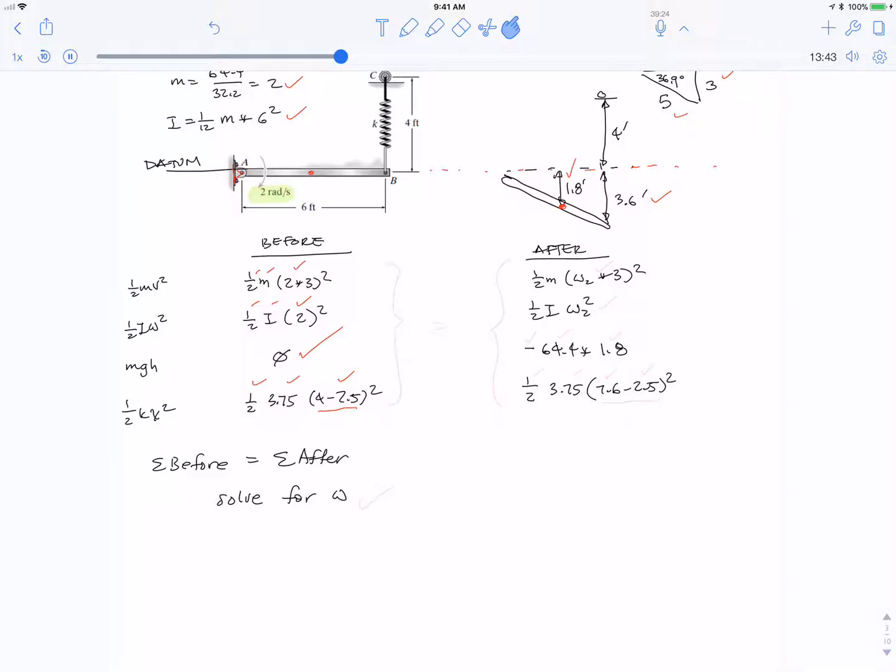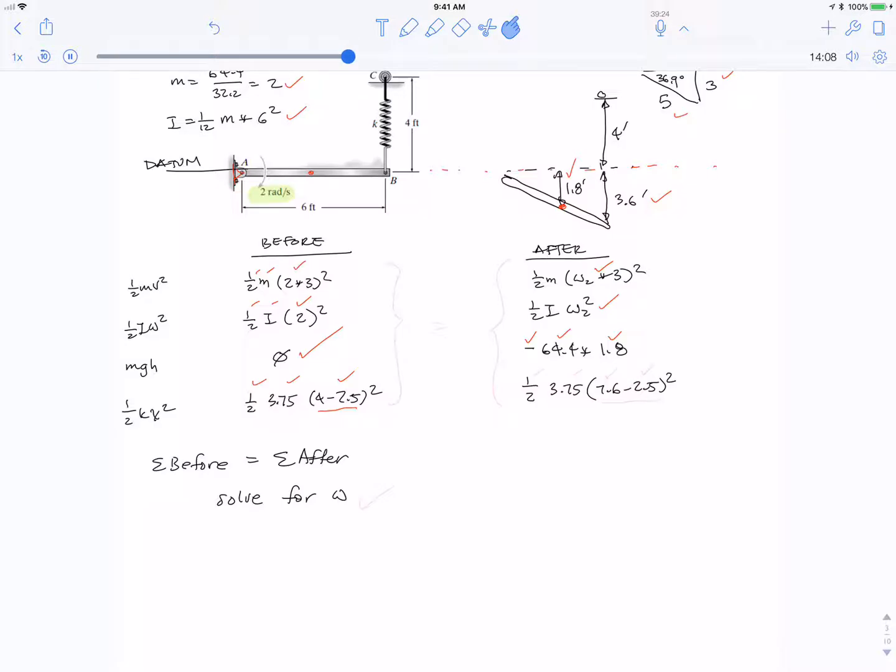Okay, so after, you have 1/2 m times the velocity, which is this unknown omega afterwards times 3, squared, plus 1/2 I omega squared, and it has an mgh of the weight, 64.4, times the height, 1.8. We figured that out by similar triangles, and it's going down, so it's negative.